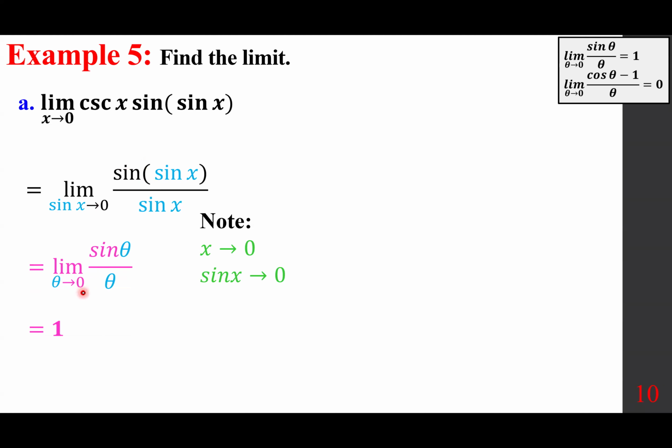So that's a proof. In essence, you're changing sine x in all three cases to theta. You can even say that if you want. You can say let theta be sine x.